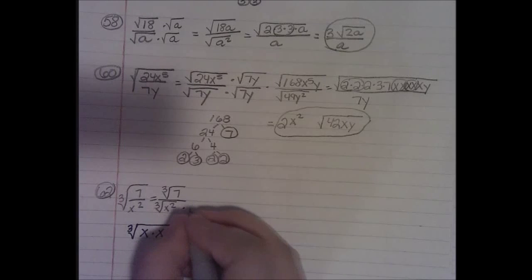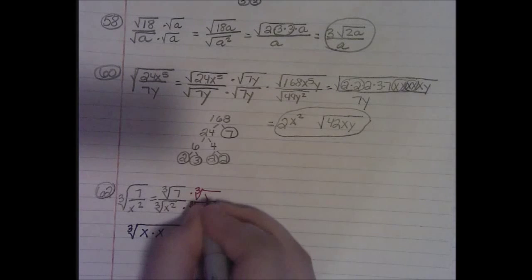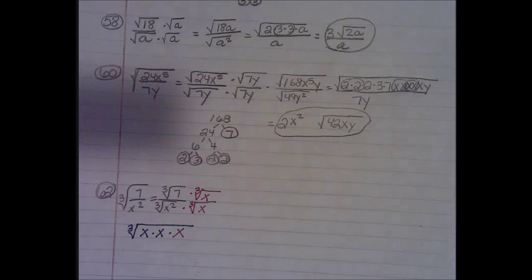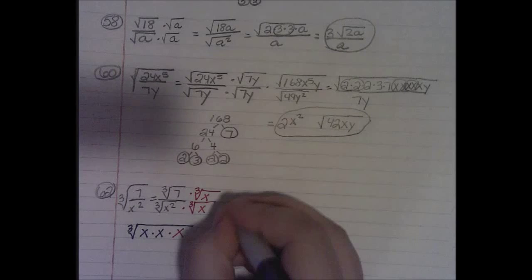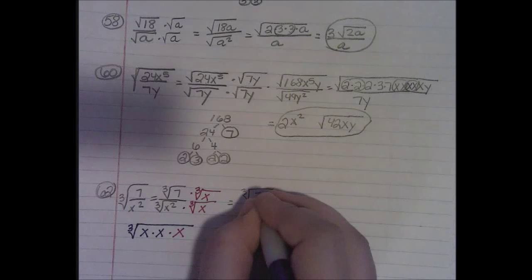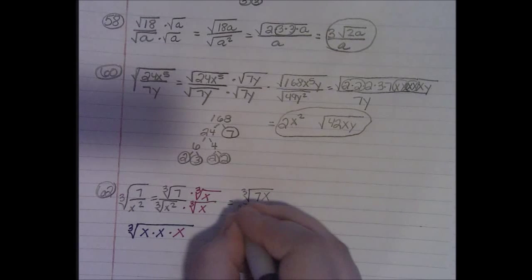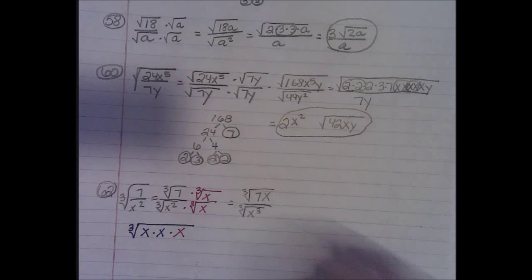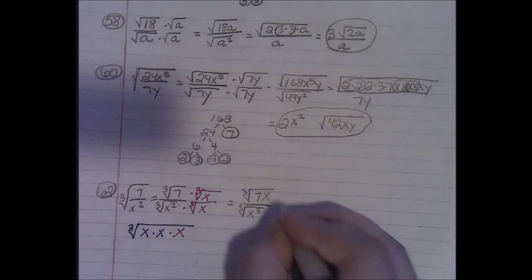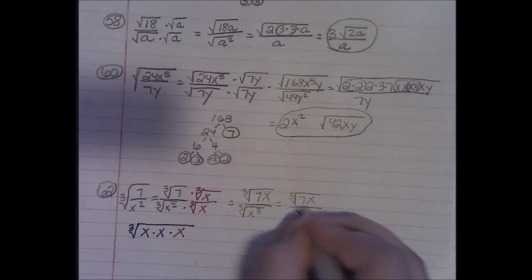So I'm going to multiply by the cubed root of x on this side and the same in my numerator, which will give me the cubed root of 7x over the cubed root of x to the 3rd power. Then I have the cubed root of 7x over x.